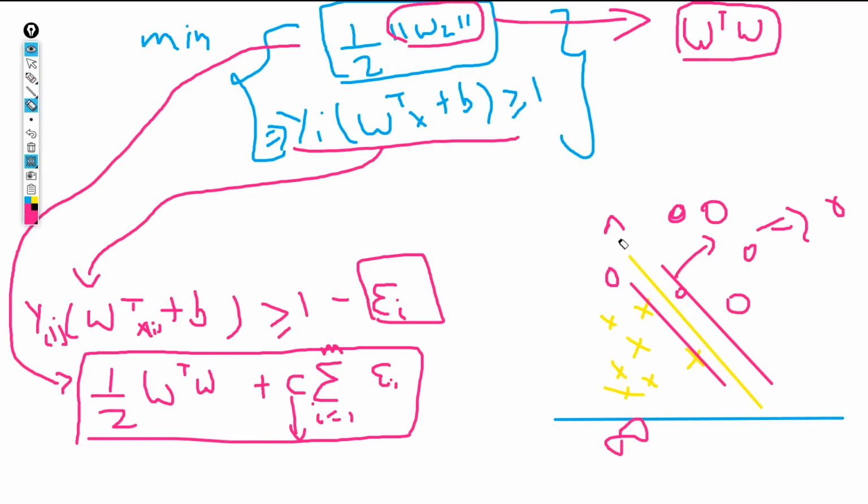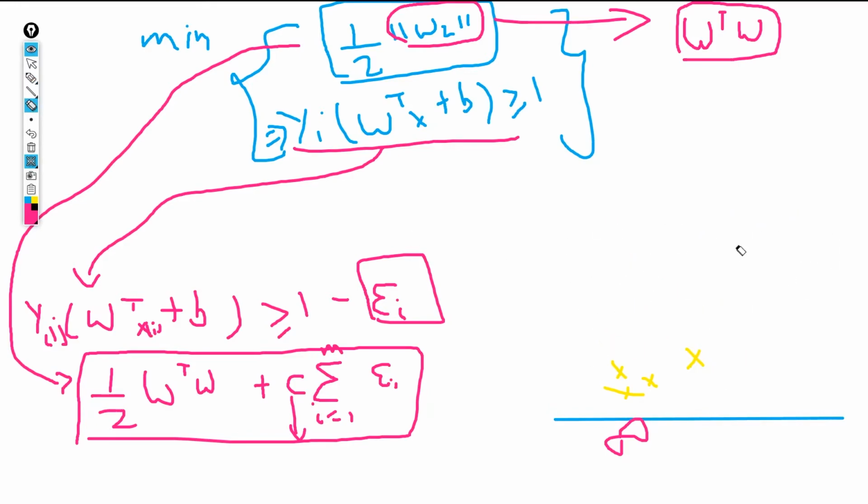Now as we have done this, there is still a problem: we are still having a constraint here. So what we can do is change this equation again.